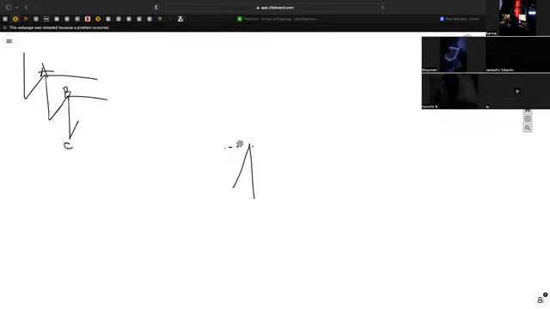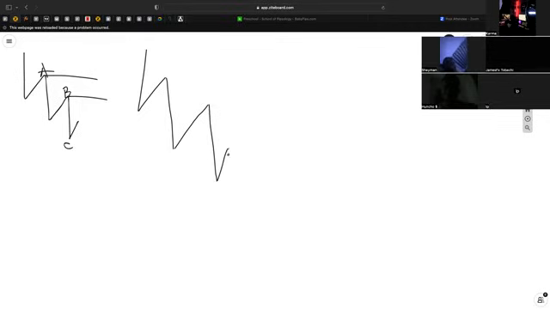The basic incomplete pullback is when the market is coming in an impulsive phase like this, and the market refuses to pull back to 50%. Let's say this is the 50% level. When the market refuses to pull back to the 50% level and create a new low, that simply tells us this is an incomplete pullback.